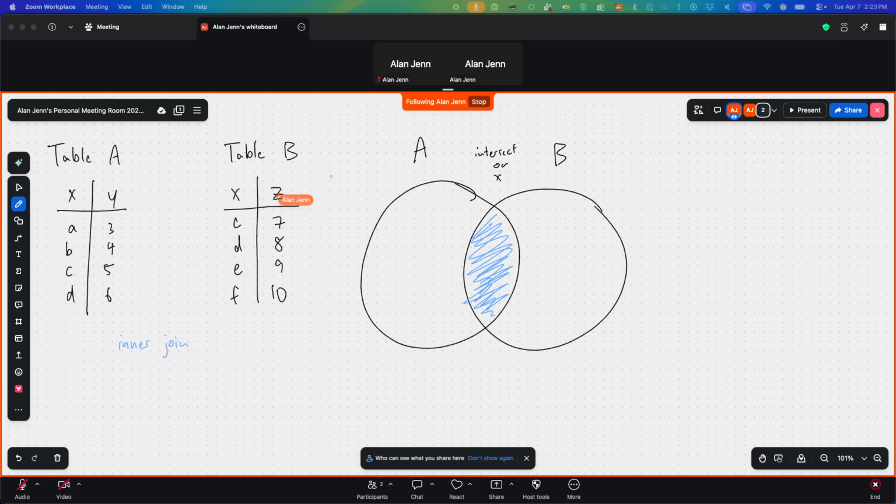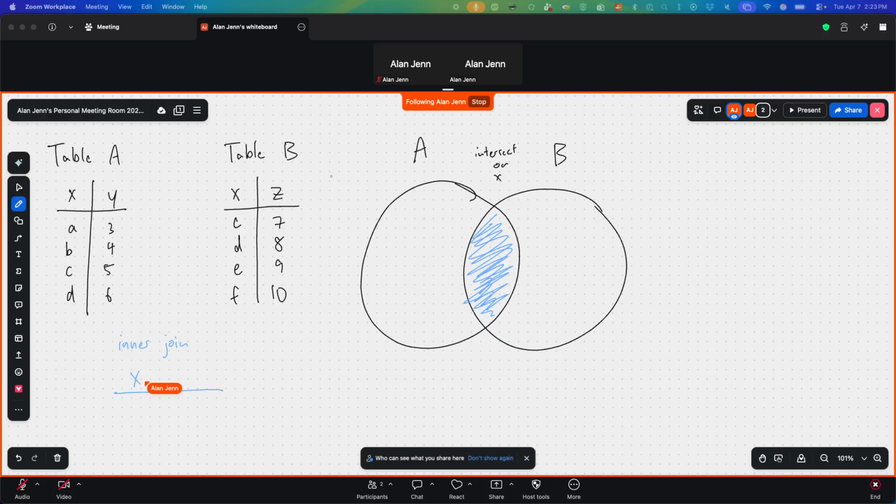Okay, so who can tell me what an inner join of these two tables would look like? What would the final table be? Sorry, what was that? C and D. Okay, for your X, sure.